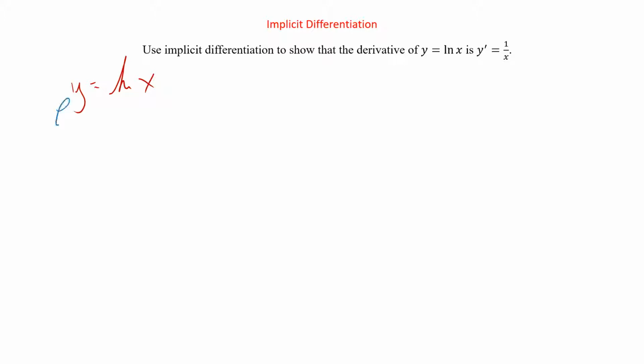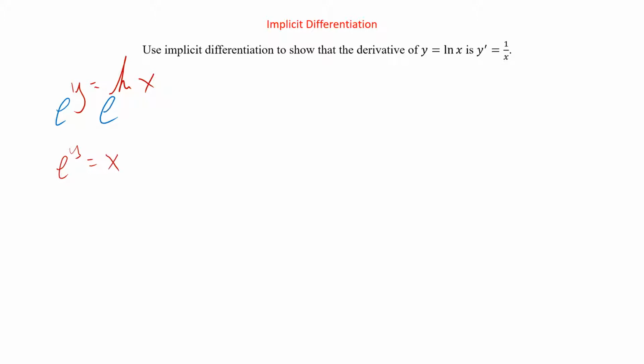So we can go e to the y equals e to the natural log x, the same way we would have been solving for this in years past. We could have also written it using an exponent instead of a log. It's the same idea. But when we do this, e to the y equals e to the natural log x, which is just x.